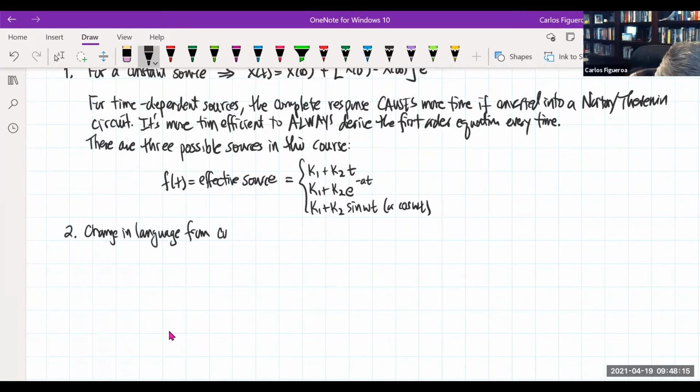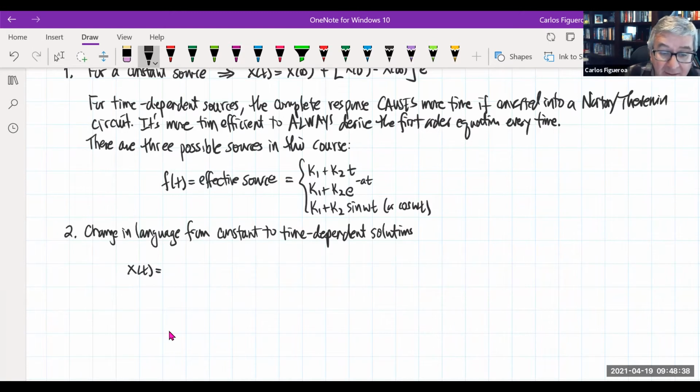So now there's going to be a change in language from constant to time-dependent solutions. And what we said here is that this is what we did before. Let me move this down a little bit because I think I need the space.